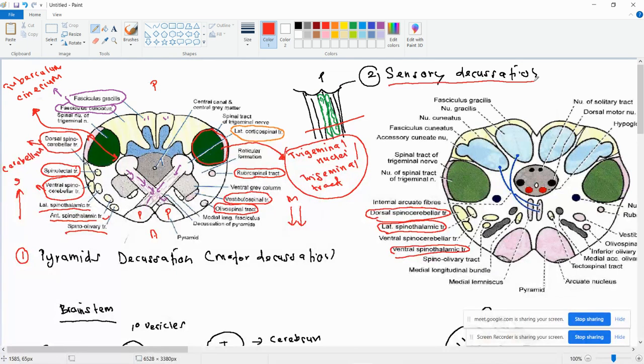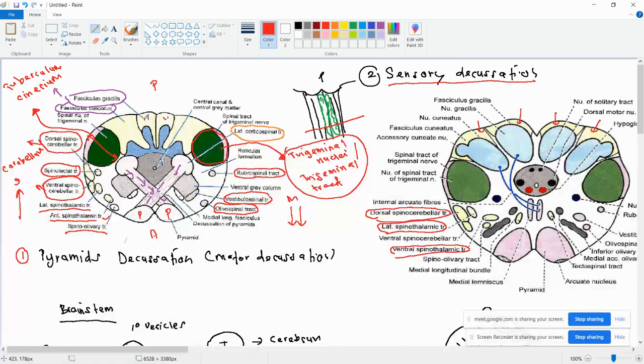Where is the sensory decussation level actually? Listen carefully. Posterior, at the mid sections of the medulla oblongata. Posteriorly, you have this bundle of axons over here, which is a structure you are very familiar with, class. It extends from this region.